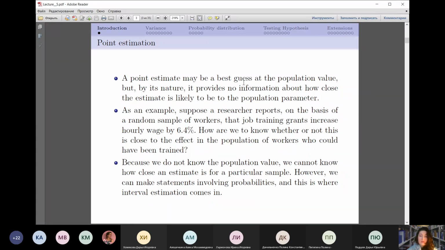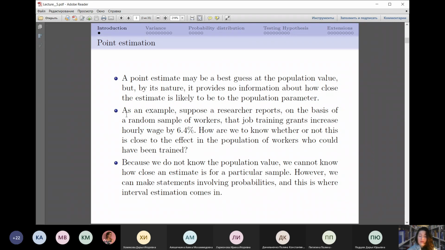But of course, this point estimate itself doesn't have any information about how close the estimate is to the true population parameter. We discussed this because we work with a sample, but our main hypothesis, our main research question is, of course, about the population.